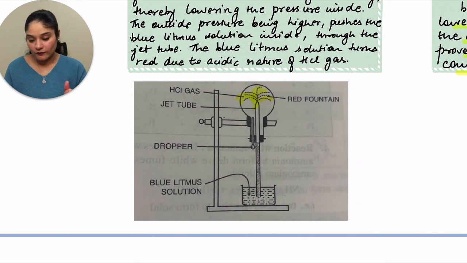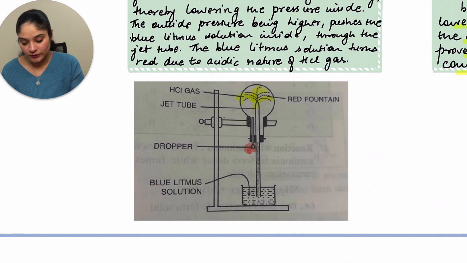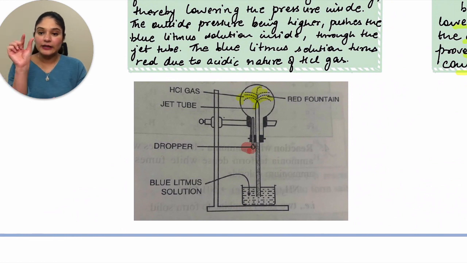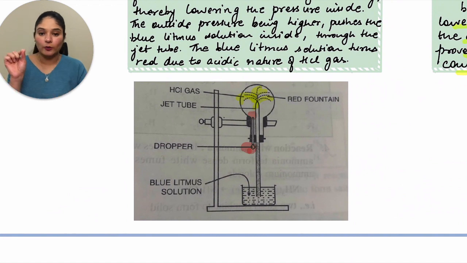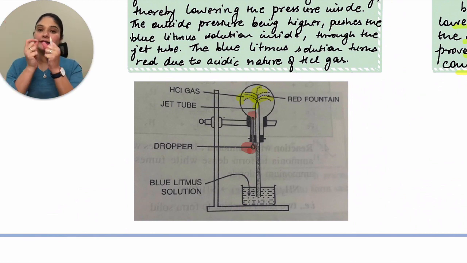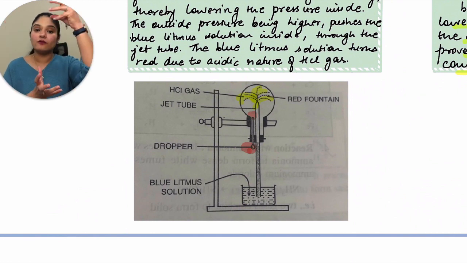So when you look here, let me use a different color. When we see here, this is a dropper right here. So as soon as you press the dropper, water droplets enter right here into the round bottomed flask. As water enters, the HCl gas which is present in the round bottomed flask will get dissolved in water, creating a vacuum there.